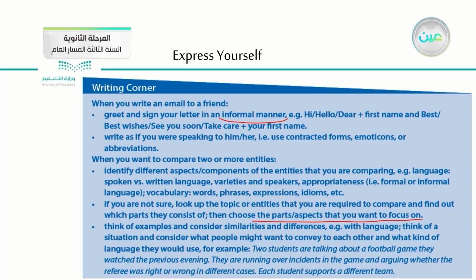For example, with languages, think of a situation and consider what people might want to convey to each other and what kind of language they would use. For example, two students are talking about a football game they watched the previous evening. They are running over an incident in the game and arguing whether the referee was right or wrong in different cases. Each student supports a different team.